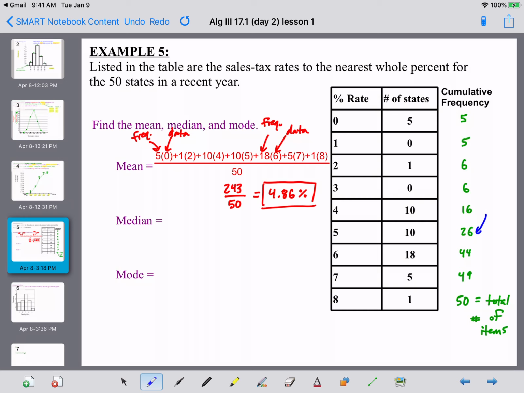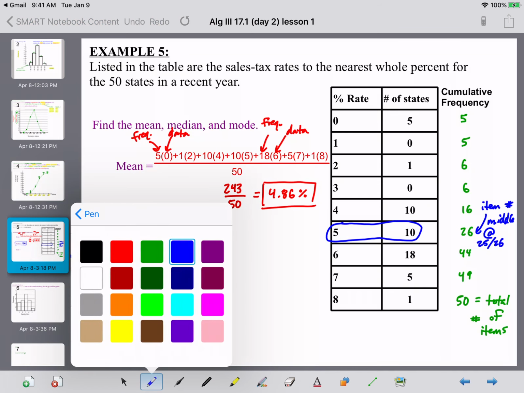Right here, we have the item number in the middle at 25, 26. So right in between the 25th and the 26th. And then notice all of these states at the 25th to 26th entry have a 5% rate. So the median would simply be 5%. That would be the middle term.